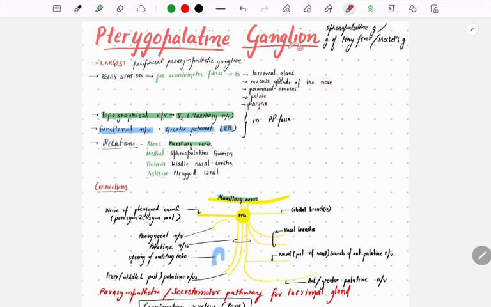So you know that this does a lot of work. You will also see in dissection that this is a hidden ganglion, like the fossa is also hidden. While you can appreciate other ganglions in the dissection, this one is a hidden one.